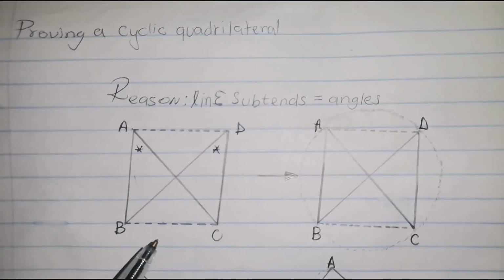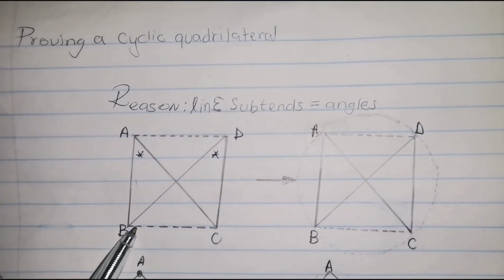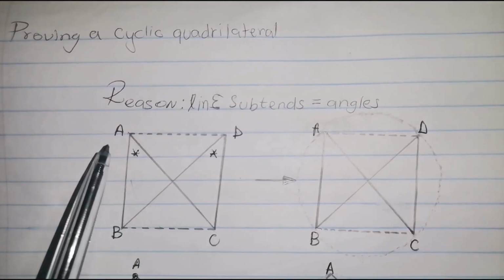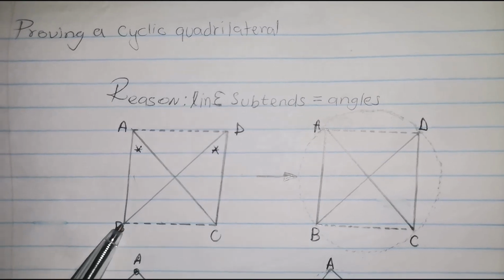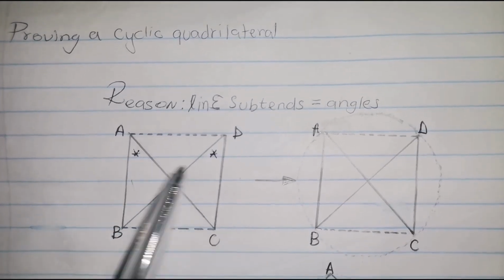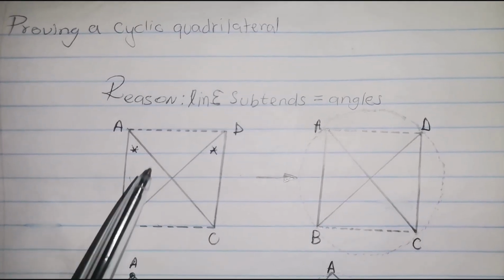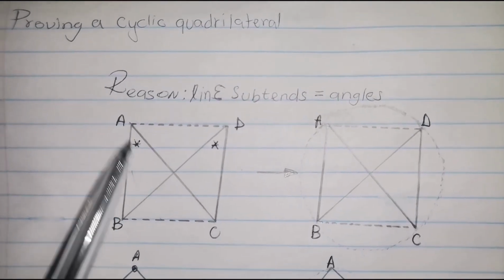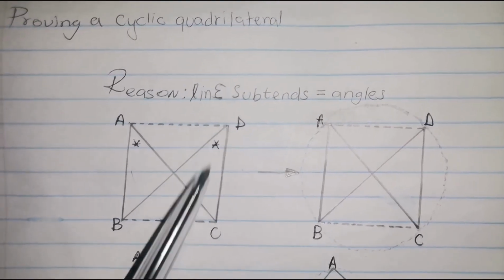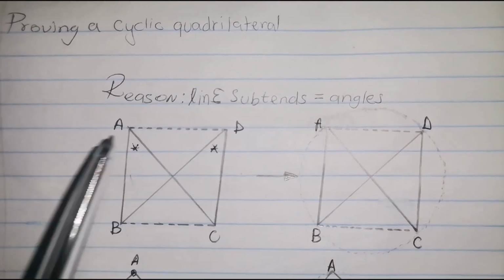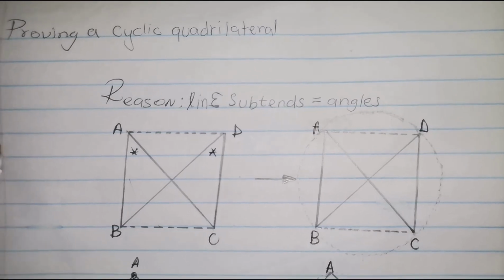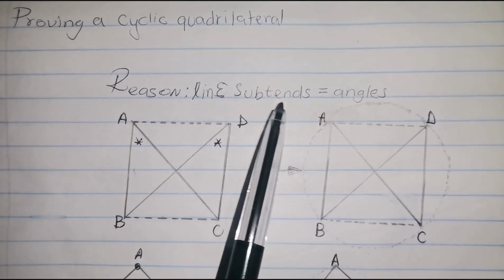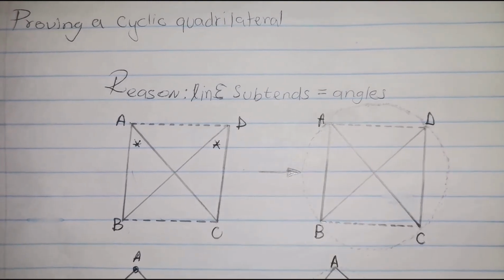We said that if we have a line here, and we have 4 sides of a quadrilateral, and line BC makes up 2 angles, then these 2 angles are going to be equal to each other. Basically, angle BHC is equal to angle BDC. Butterfly angles, they're equal. So the reason for this kind of arrangement is that a line subtends equal angles.